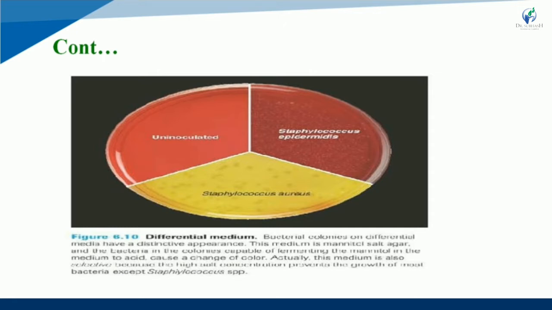This medium is mannitol salt agar, and the bacteria in the colonies are capable of fermenting the mannitol in the medium to acid, which causes a change of color.